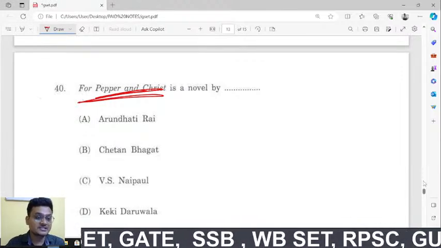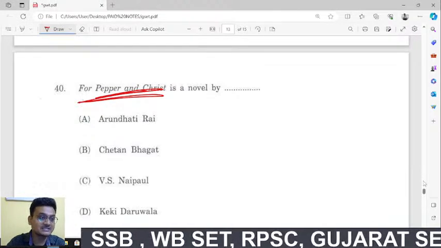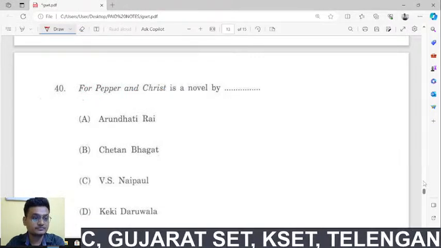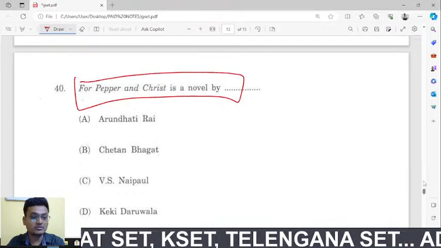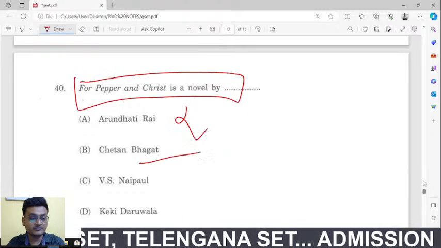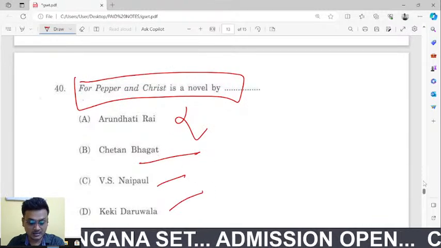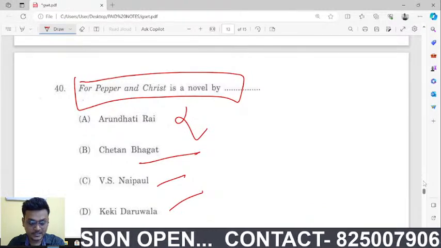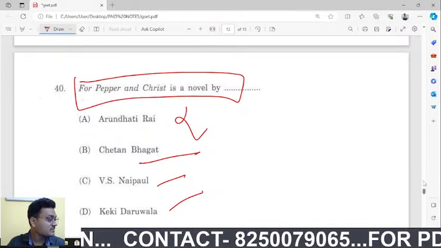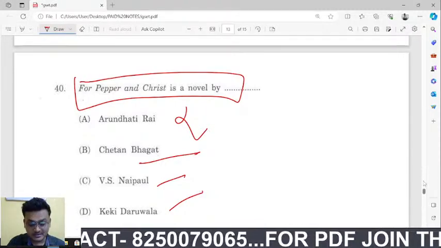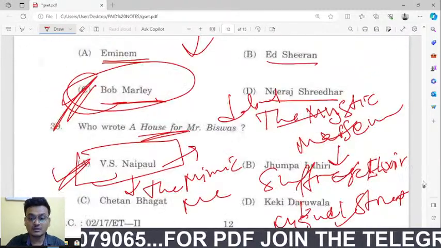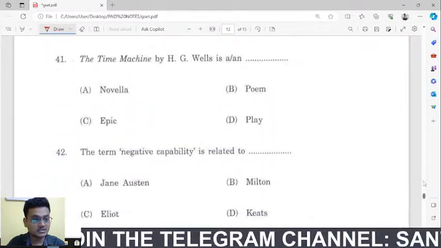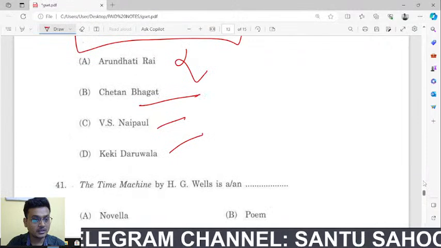For Pepper and Christ is a novel by whom? Which Indian writer has written For Pepper and Christ? Arundhati Roy, Chetan Bhagat, V.S. Naipaul, or K.D. Daruwalla?